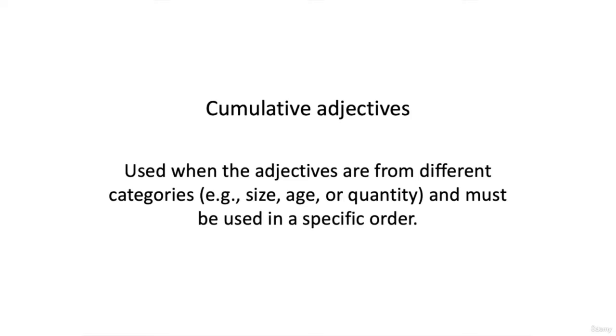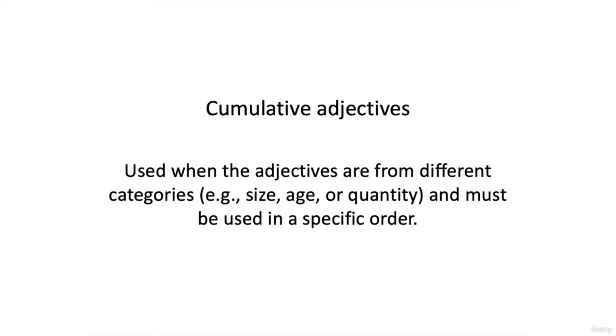Cumulative adjectives are used when the adjectives are from different categories, for example, size, age, or quantity, and must be used in a specific order. Cumulative adjectives are recognizable because if you change their order, the sentence no longer makes sense or holds the same meaning.